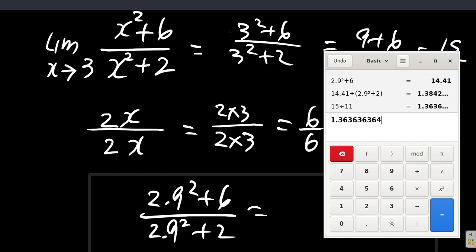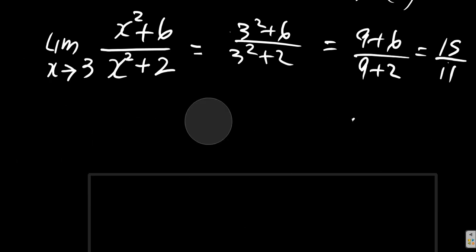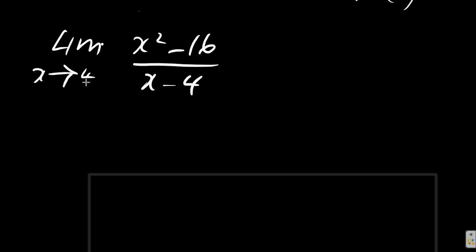Now, suppose we change our function again and say we want the limit of x squared minus 16 divided by x minus 4 as x approaches 4. How would this one go?